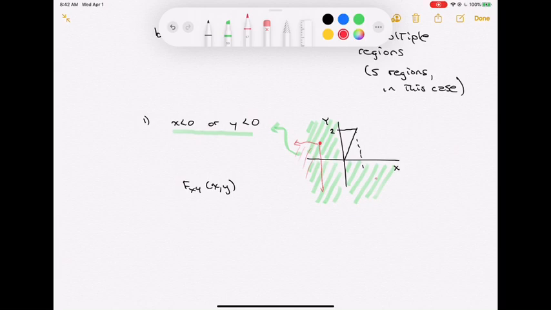If I picked a point over here in quadrant 4, same story. If I look down and to the left, none of it hits that triangle. And if I pick quadrant 3, same story. Everything down and everything to the left, none of these can intersect or hit that triangle.